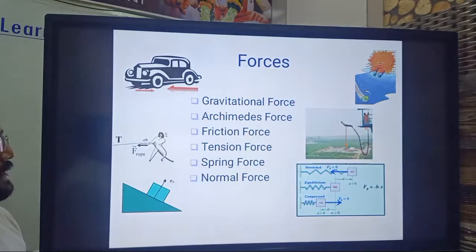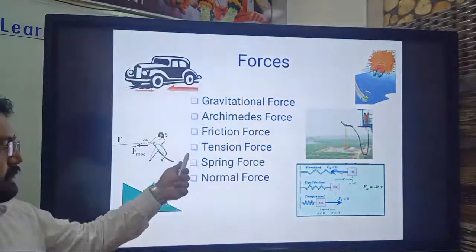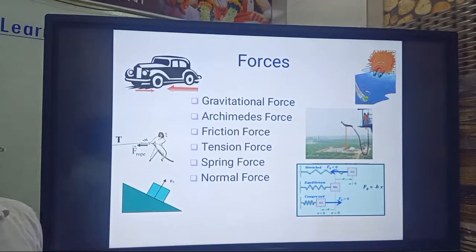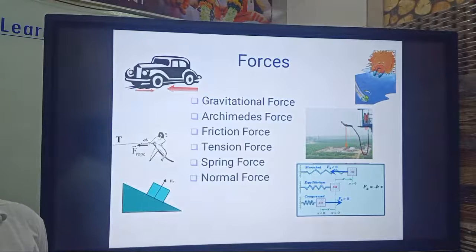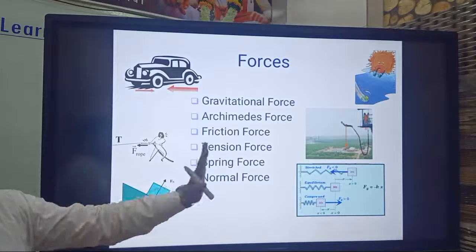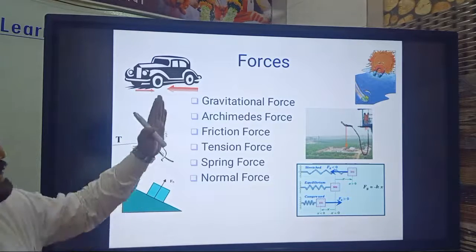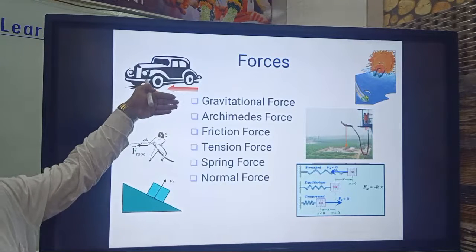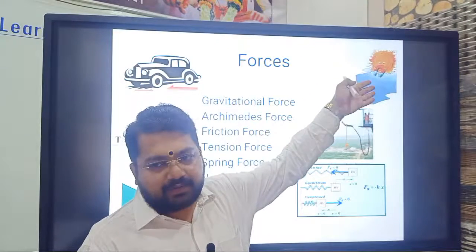Now forces, there are n number of forces: gravitational, Archimedes, friction, tension, spring, and normal. Fine. So these are few examples which we have seen over here. We will see all these forces, but try to understand what are the types of forces. If we are talking about gravitational force, so Earth represents gravitational force.